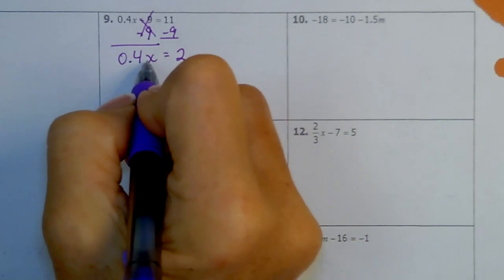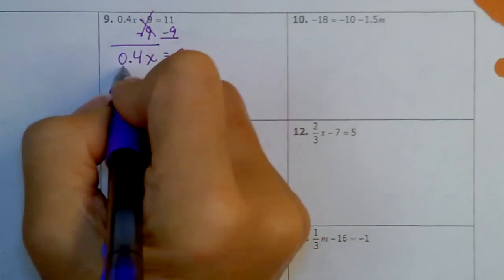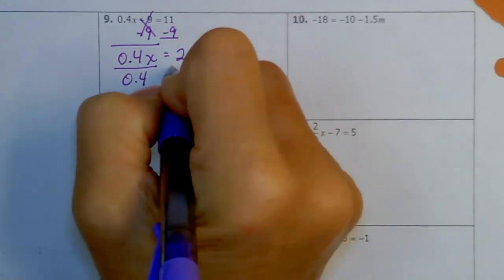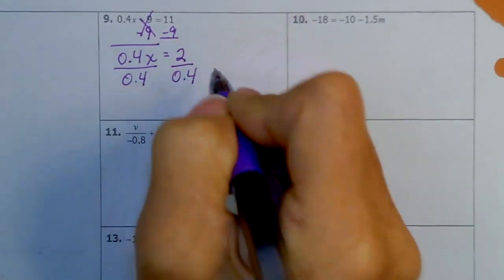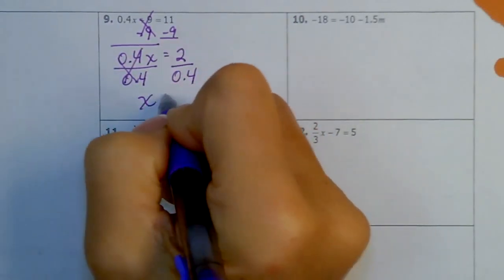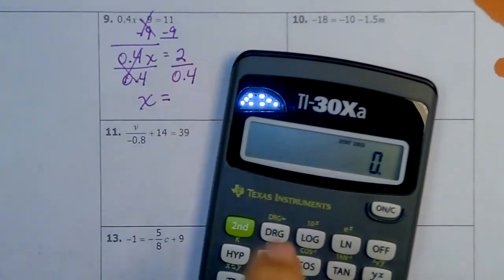All right, this represents multiplication, so I'm going to divide to get rid of that. And if I do that on one side, I've got to do it on the other. So I'm going to put 2 divided by 0.4.